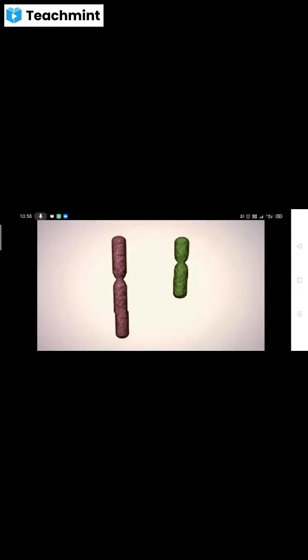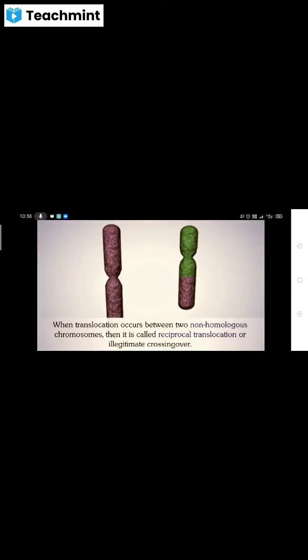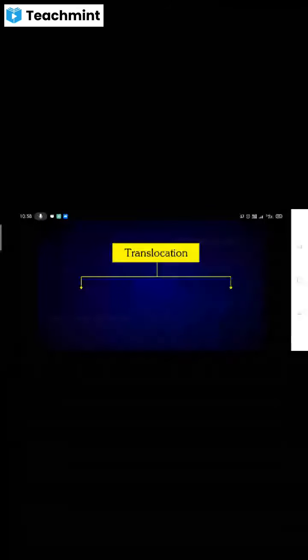Then the fourth one is translocation. Here, between two non-homologous chromosomes, a segment is translocated due to crossing over.